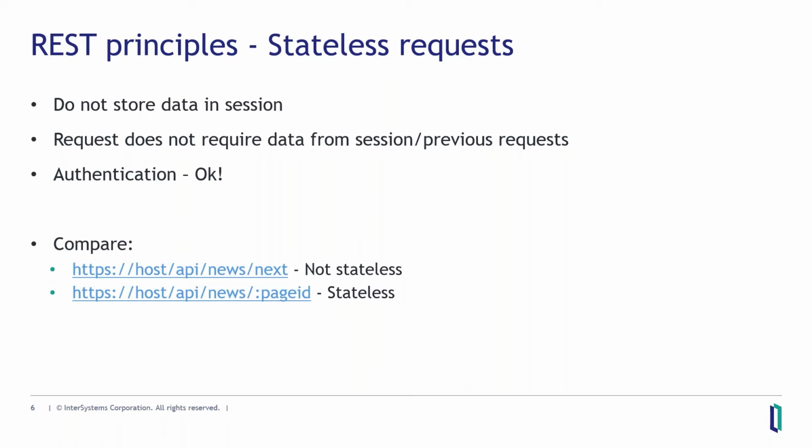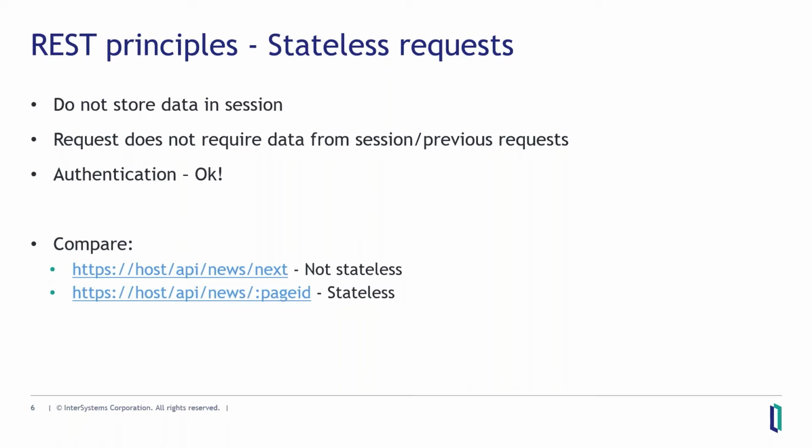And when the user asks for /news/next, you check the current page on the server side, add one, and return the next page. The second way is that the client tracks the current page, and each time the user scrolls to the bottom of the page, the client just adds one and sends the next request.